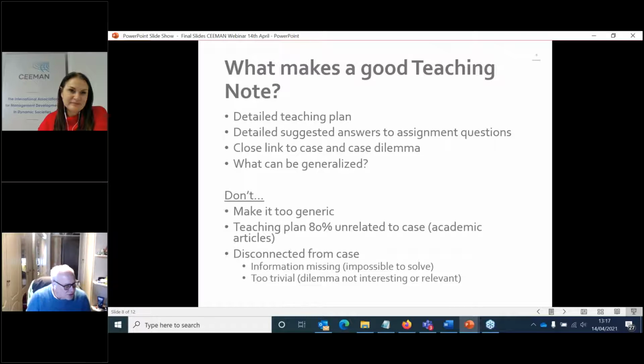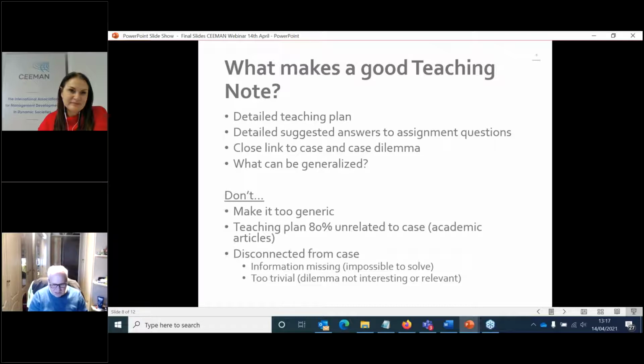I want to give another example of a case I read a few days ago, where the dilemma was very well framed. It was upfront, and at the end of the case, they said that the company needs to decide on two things. What is the correct distribution model going forward? And they were talking about two different alternatives. And how can we expand this concept from Asia to Africa? There are two problems with this.